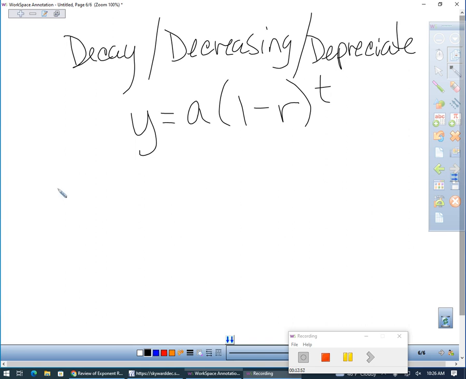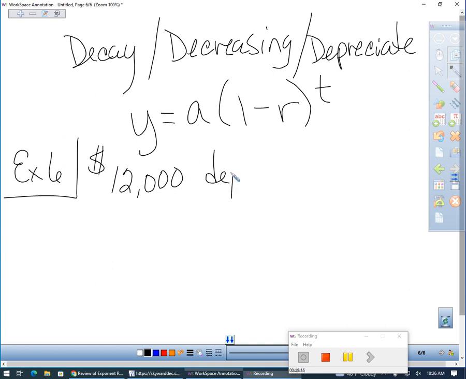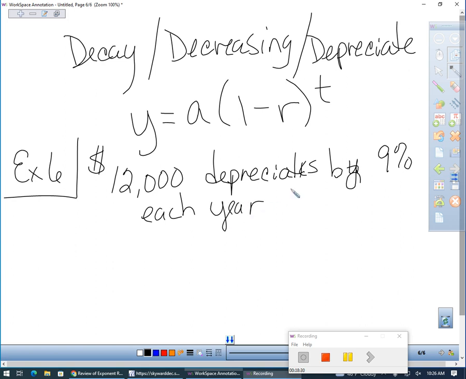All right, so this is our very last example. Example number 6, and I am done. So let's say you purchase a car for $12,000, and it depreciates by, let's say, 9% each year for 5 years.